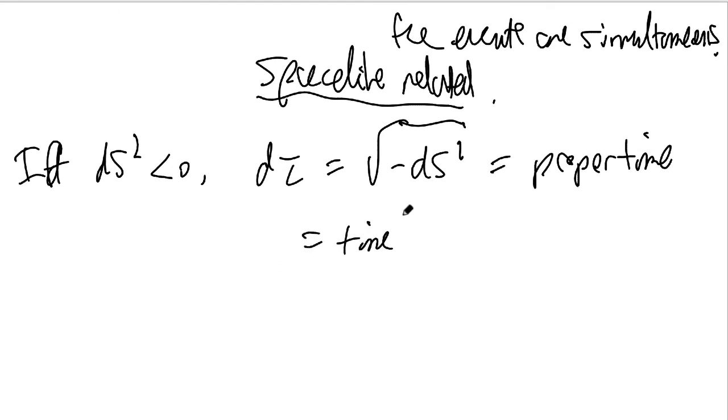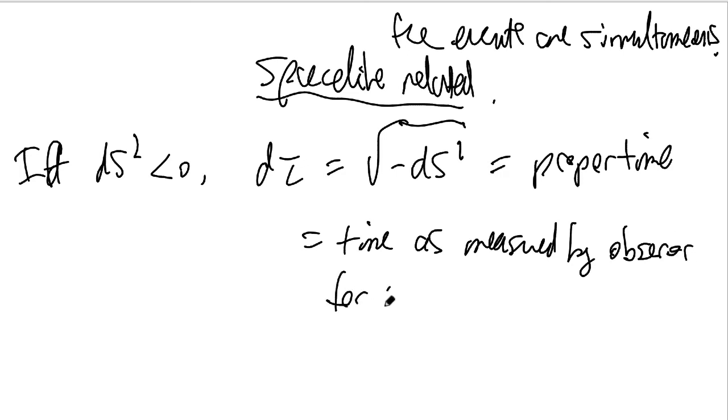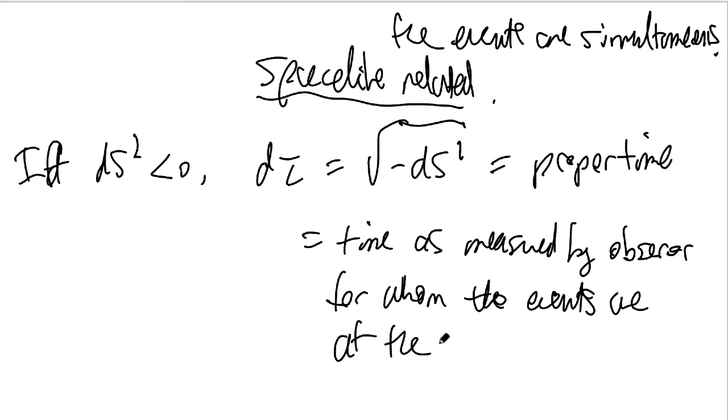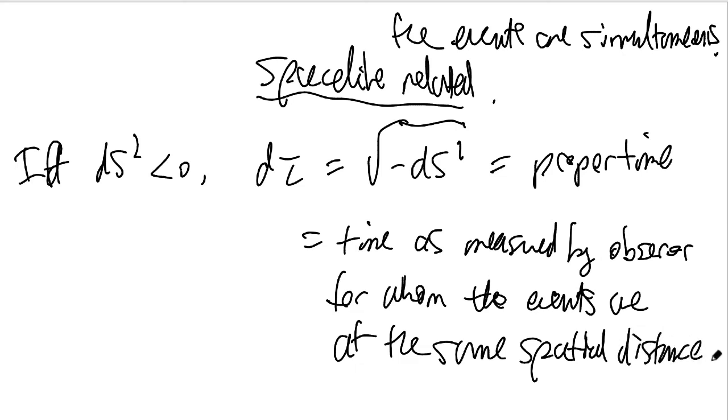And it's the time interval as measured by an observer for whom the events both occur at the same spatial distance as one another. Okay, these are time-like related events.